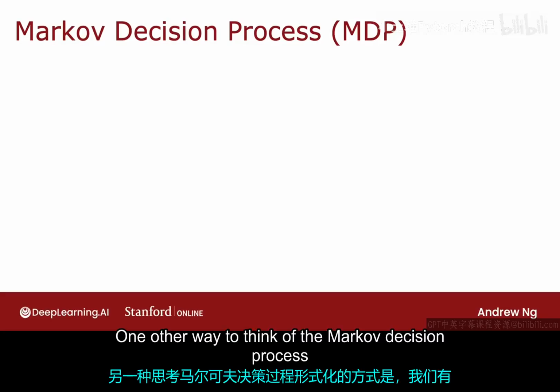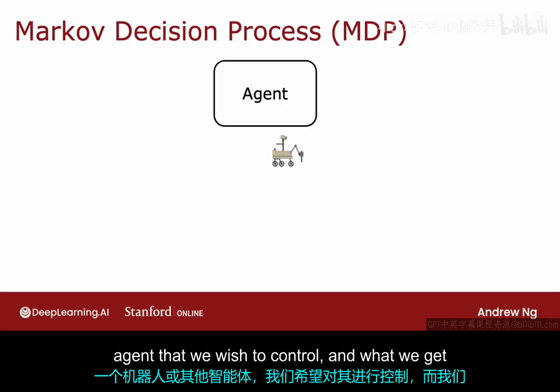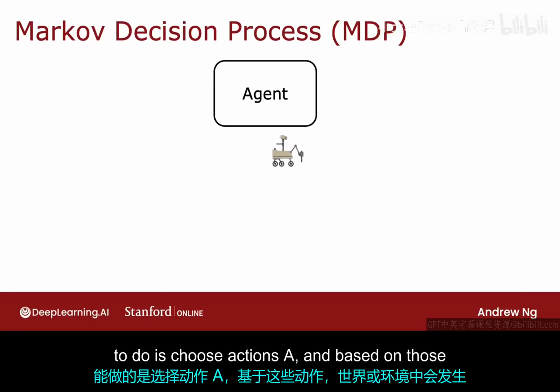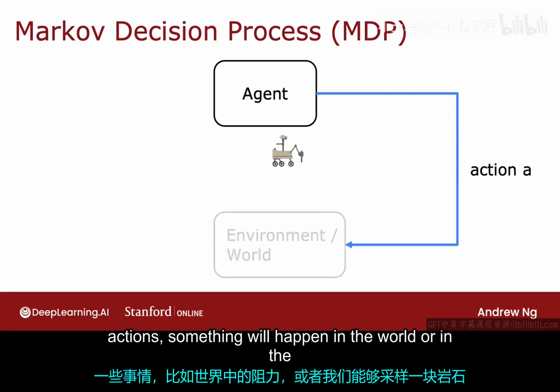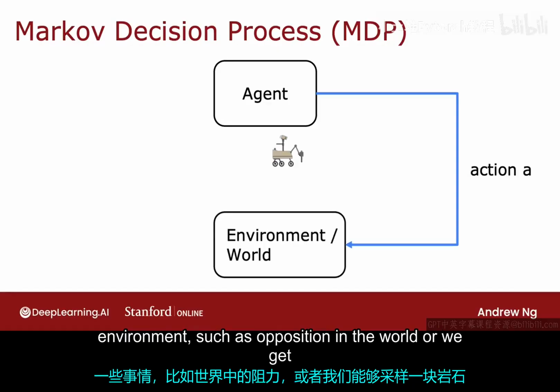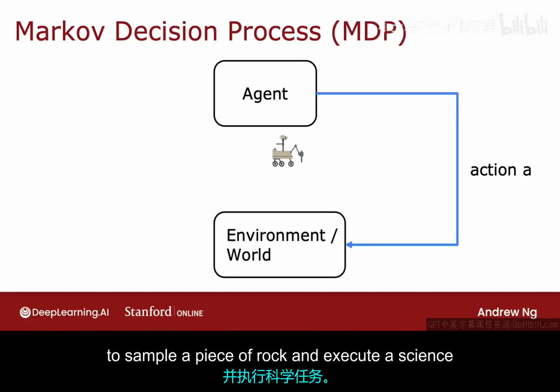One other way to think of the Markov decision process formalism is that we have a robot or some other agent that we wish to control. And what we get to do is choose actions A, and based on those actions, something will happen in the world or in the environment, such as our position in the world changes, or we get to sample a piece of rock and execute a science mission.